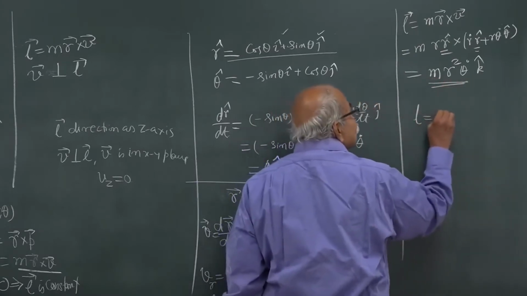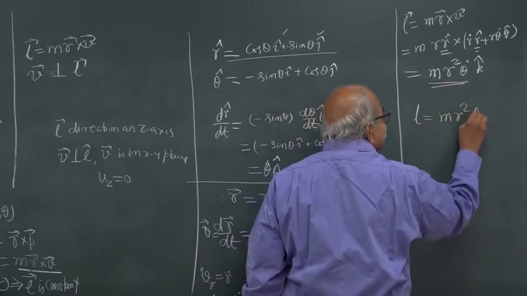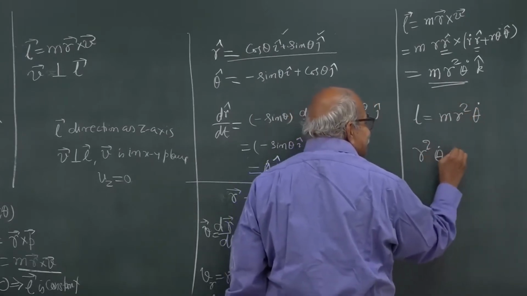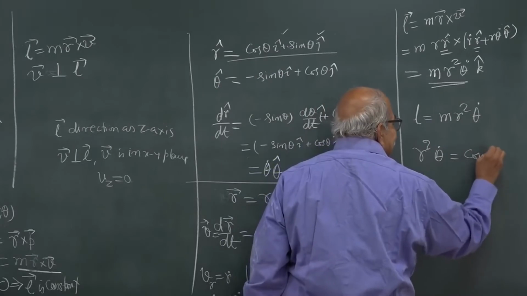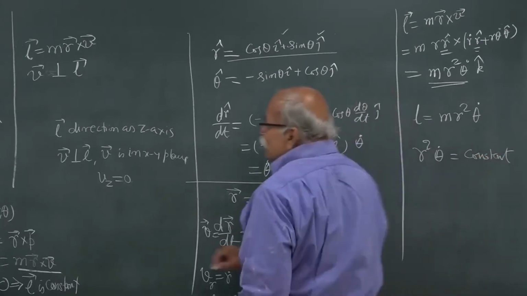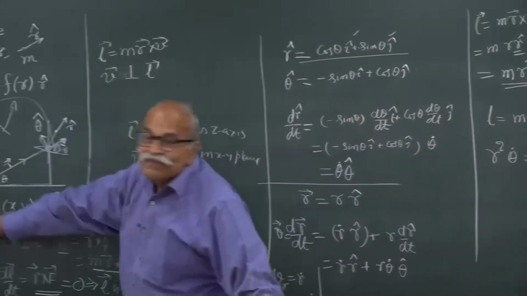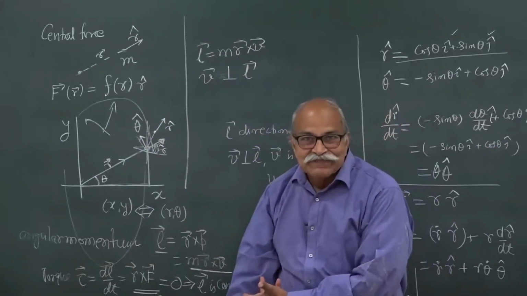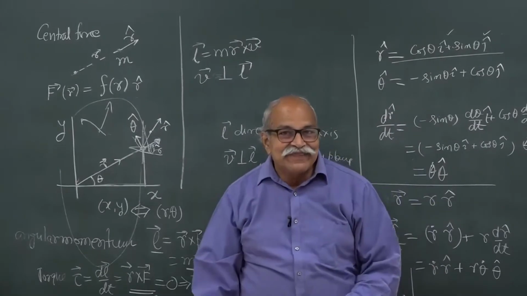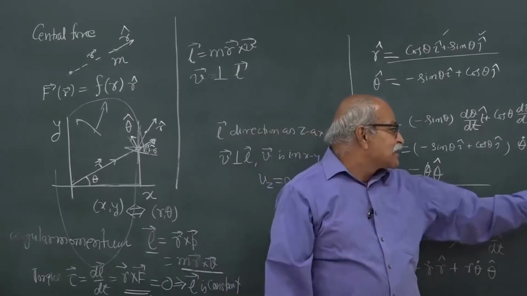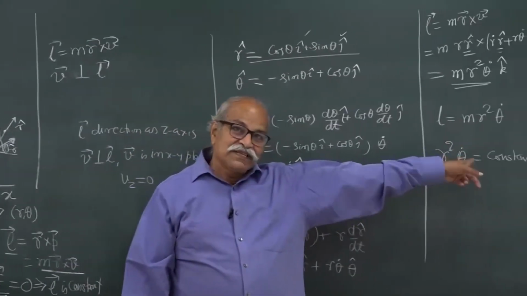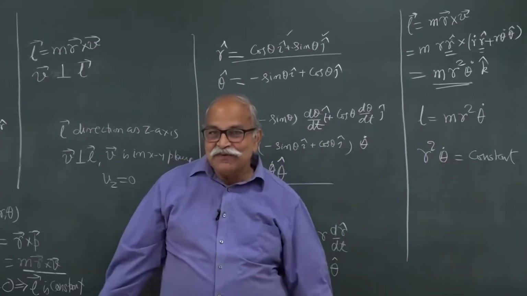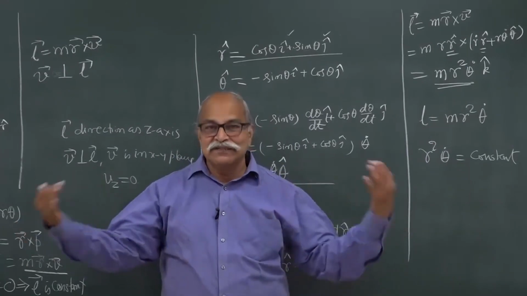So, L is equal to m into r square into theta dot, and this is constant, meaning r square into theta dot is constant. This particle may go somewhere in this plane, r is changing, theta is changing, theta dot is changing, but r square theta dot must remain constant. So, we will take it from here, we will talk much more about central forces.